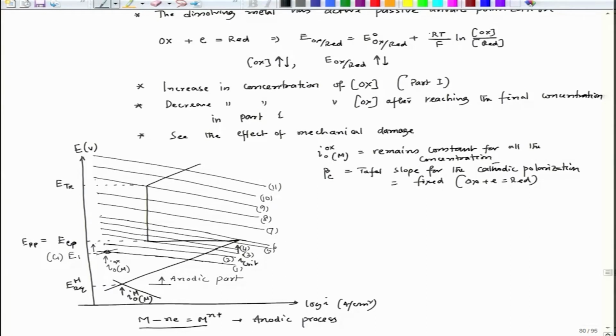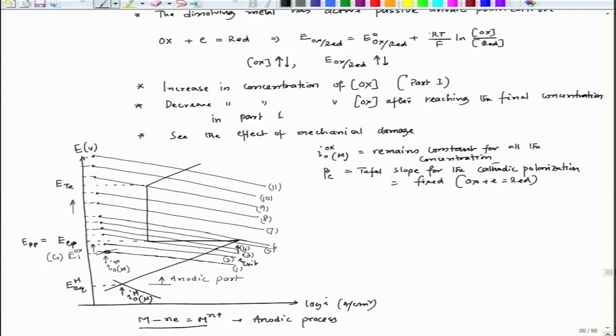Correspondingly this point will shift, but there will be no change in the I0, that was the assumption we have taken, and the E ox equilibrium will keep on increasing because we are increasing the concentration, and beta remains the same.